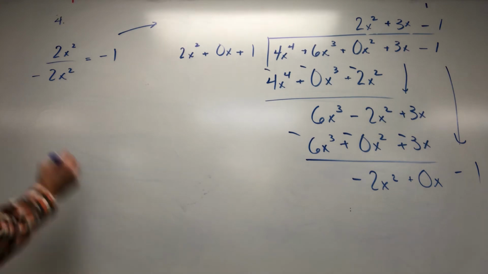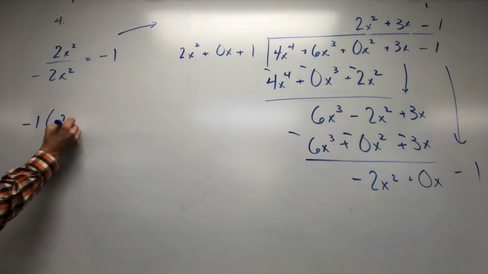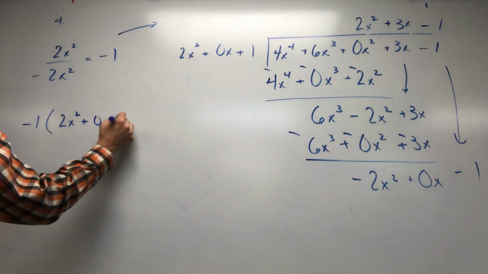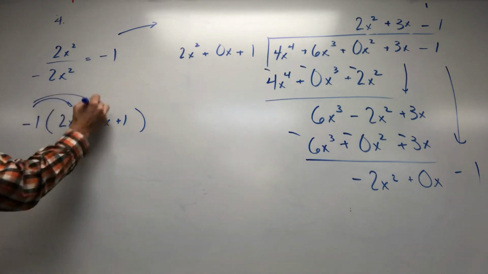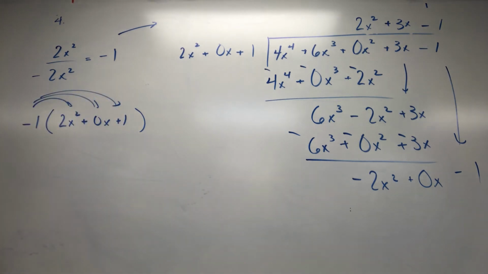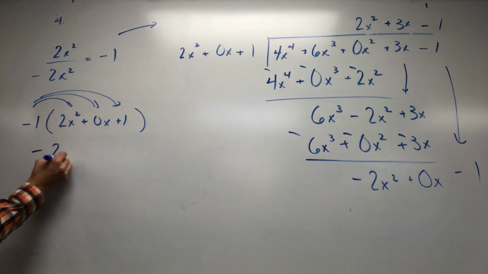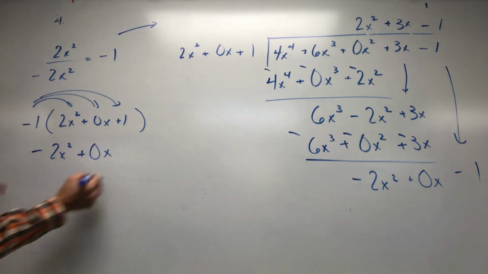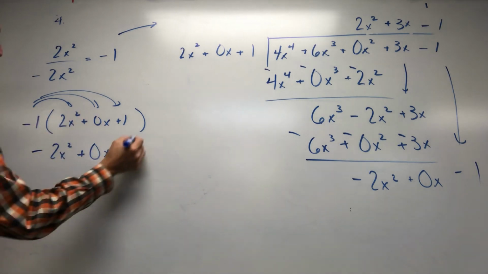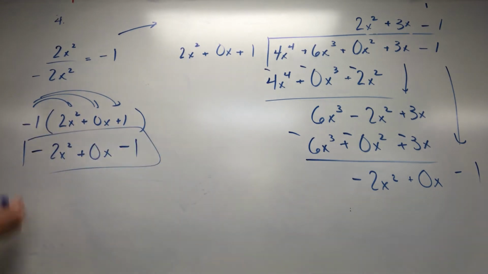A -1 is going times 2x squared plus 0x plus 1. Multiplying by a negative is going to change those signs. -2x squared, it doesn't really change anything with 0, but negative times positive gives me a -1. All right, my last layer, going to run that down there.